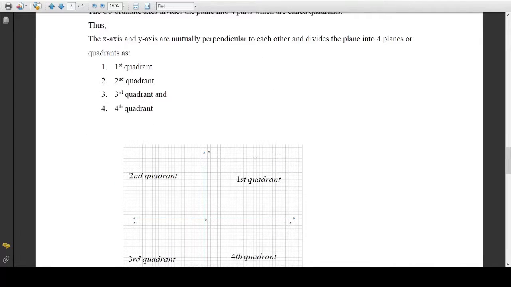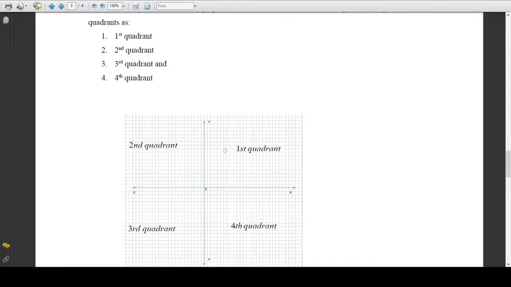Remember, the quadrant on the right side above the origin is the first quadrant, the second quadrant is to the left above, the third quadrant is below on the left, and the fourth quadrant is below on the right.